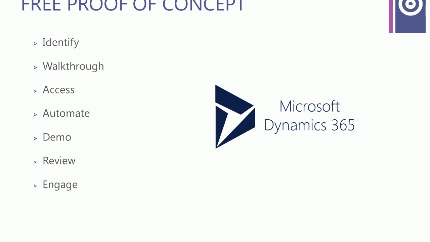We would then request access to your environment for us to be able to automate those test cases. And then at your earliest convenience, we will organize a demo to show that back to you. And it's always nice to see something working on your own environment, so that's why we like to do that.